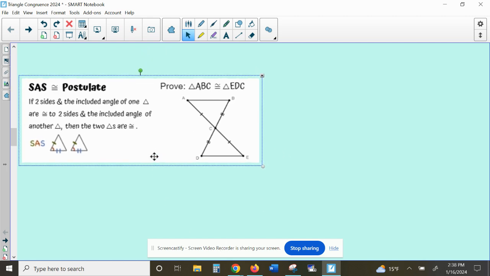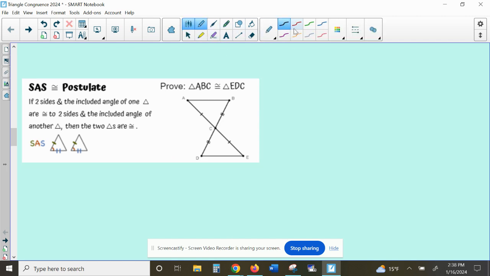Now, I want to point something out here. SAS means that you have, look at this angle. You see where this A is? It's right in between those two sides, and it is touching both sides.